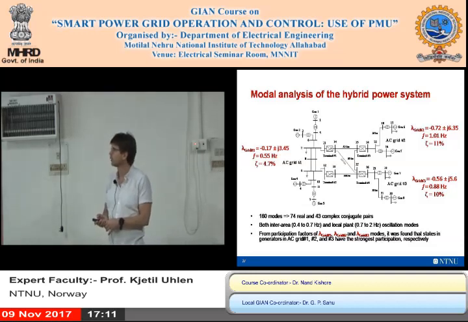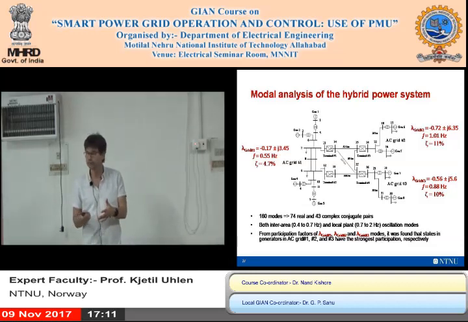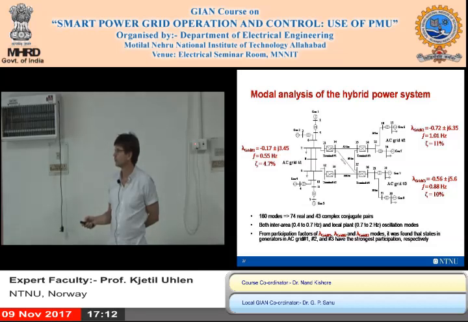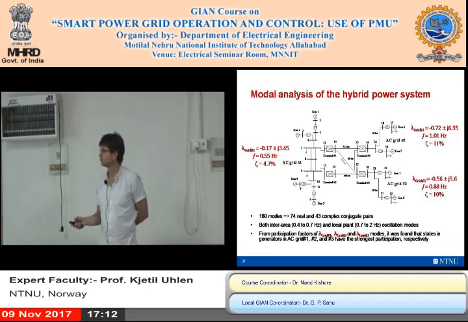Then we can connect the system through the DC grid and look at what has happened. The modes are depicted here. This one indicates the 0.555 Hertz. This is in separated operation, and the cross is in connected operation.